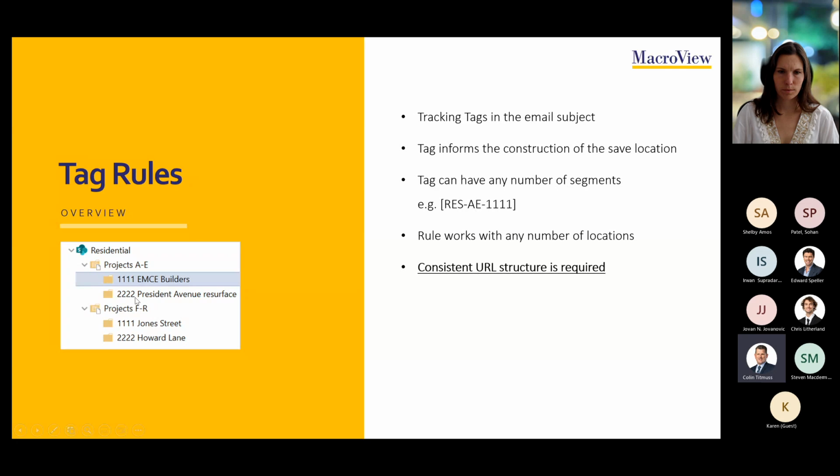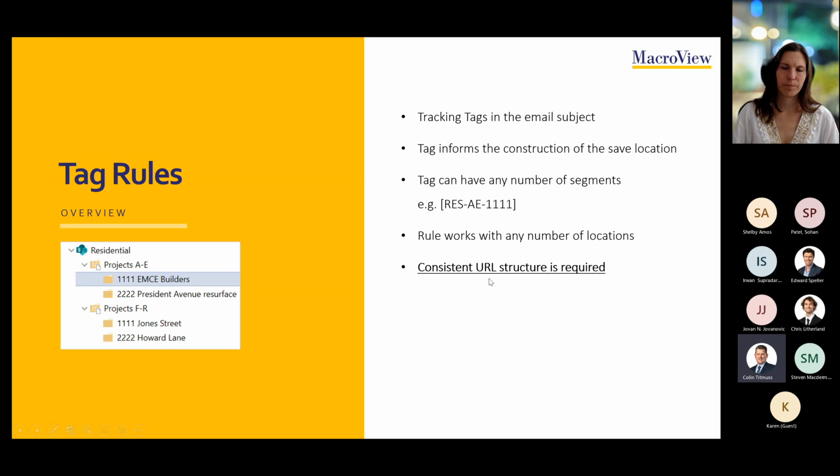You can see with these tags, where this is useful is where the two different areas can both have the same number. So both these areas have a folder or project that starts with 1111 as your number. Now, if we only had 1111 in that tag, we're not going to know which one of these folders to use. Right? So we're assembling the structure, and this is a pretty common type of rule that's been used.